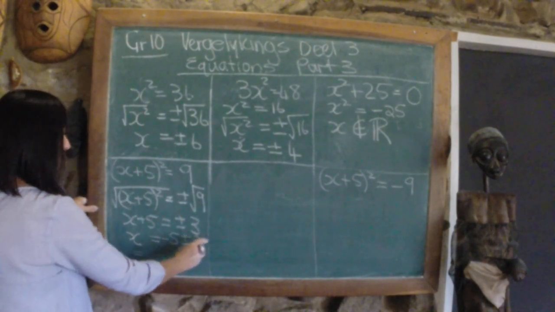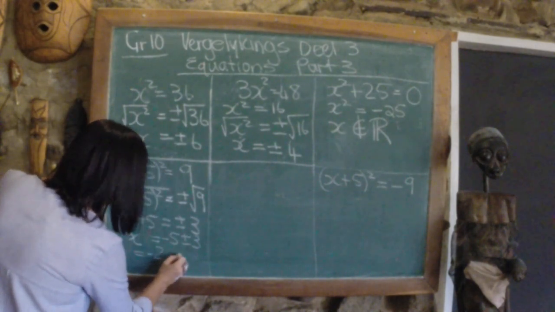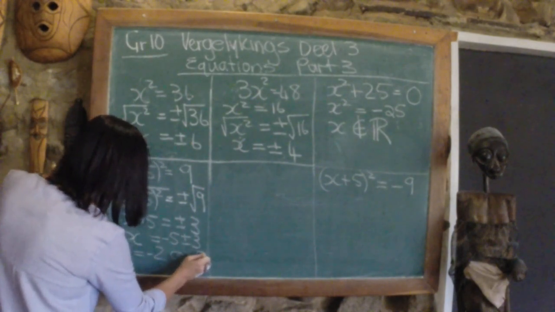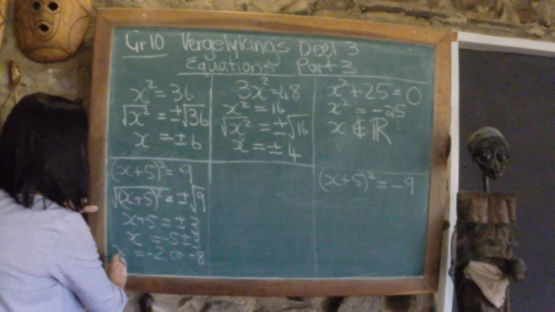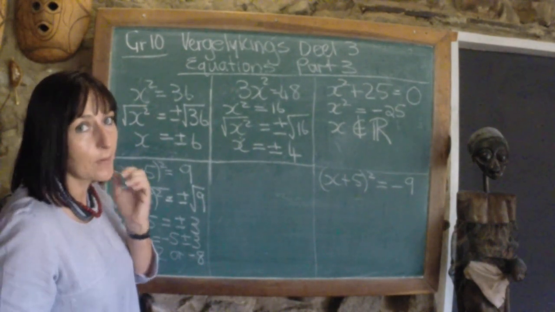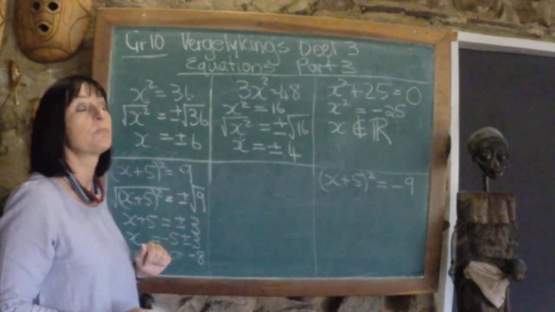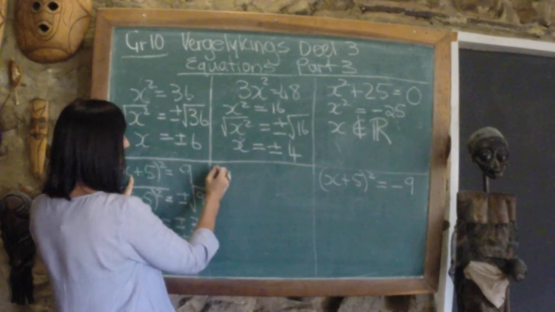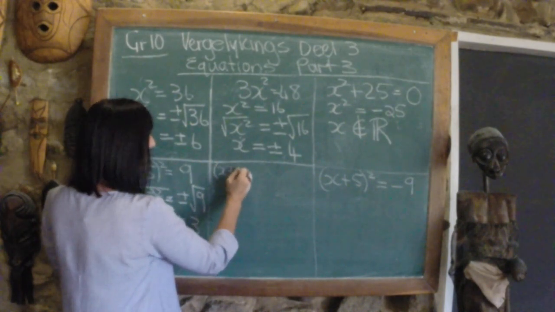Minus 5 plus 3 is minus 2, or minus 5 minus 3 gives you minus 8, and that's my 2 x values. If you want to do it the long way, by assuring that you play safe, then you can multiply this out. So ek kan die hakie 2 maal gaan skryf.